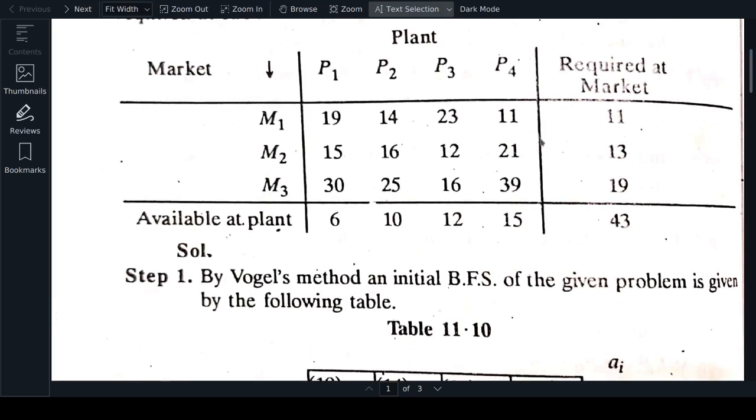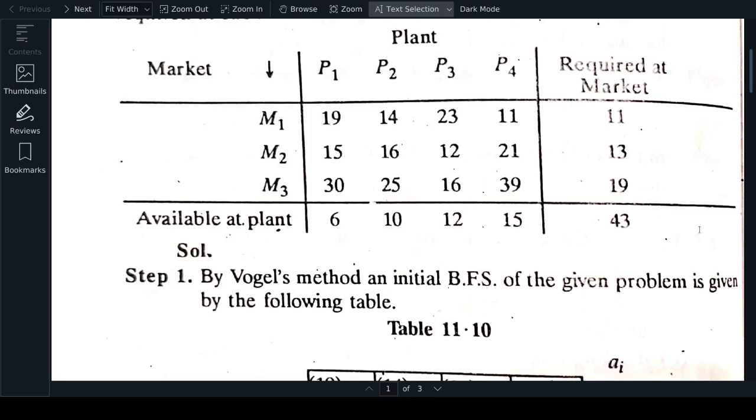Anyone? Unbalanced. This is the balanced transportation problem. You see, available at the plant is 6, 10, 12, 15. Sum of this: 6 plus 10 is 16, 16 plus 12 is 28, then plus 15 is 43.